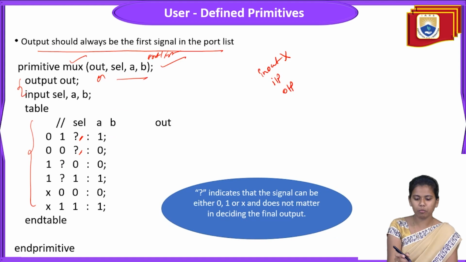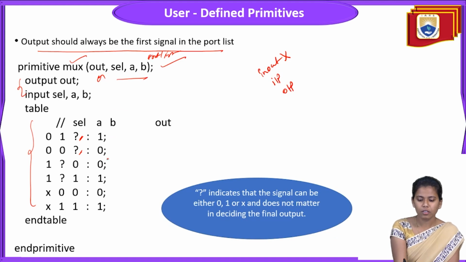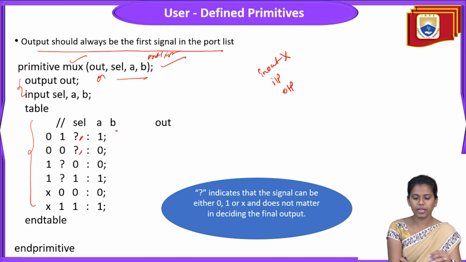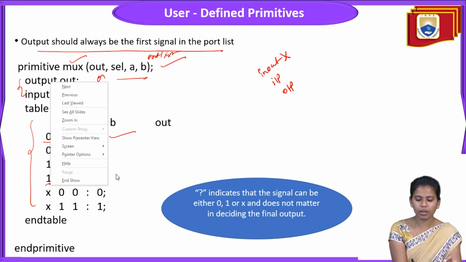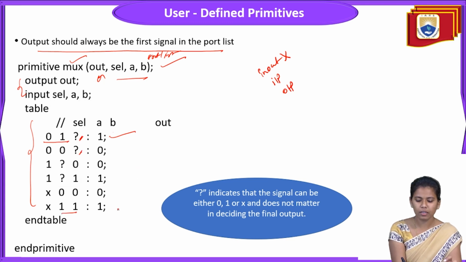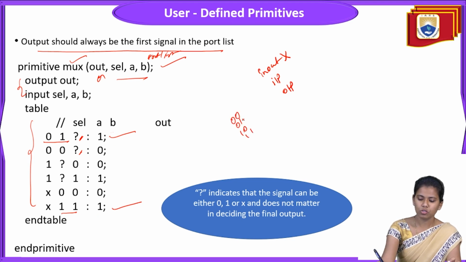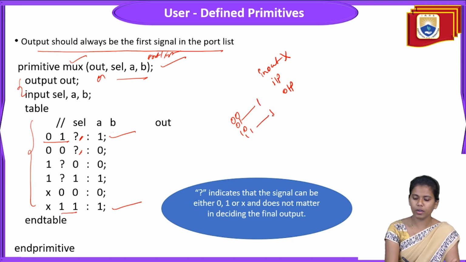In the particular table, we will observe 1 only for two combinations, right? For 0, 1 and for 1, 1 it is 1. So 1 is observed for 0, 1 and 1, 1. We have 4 combinations: 0, 0, 0, 1, 1, 0, 1, 1. For 0, 1 the output is 1, and for 1, 1 also the output is 1.